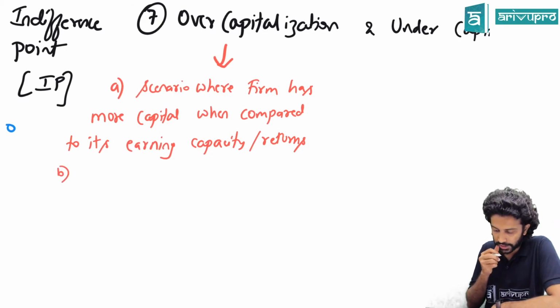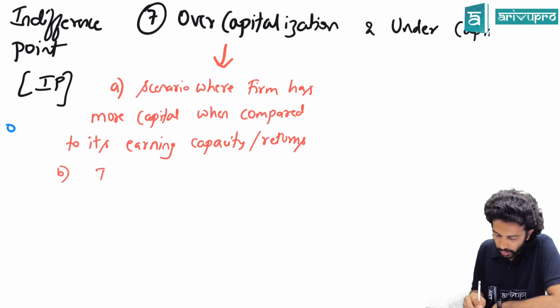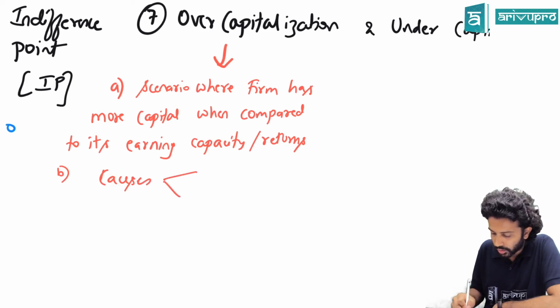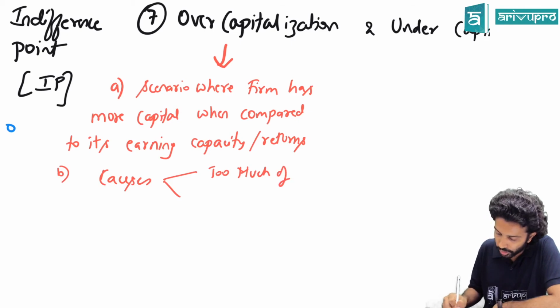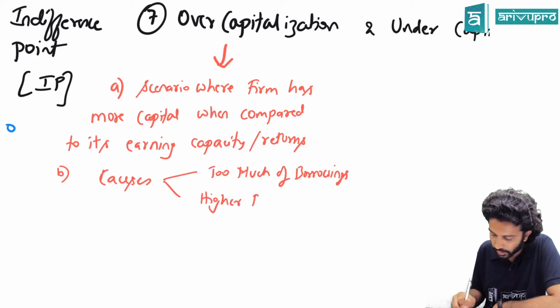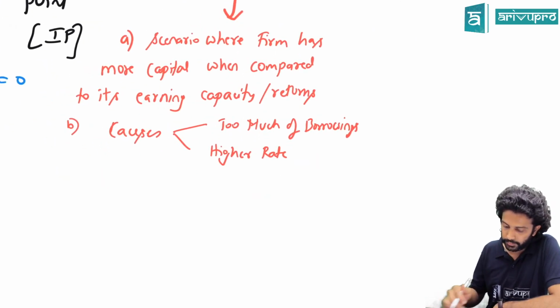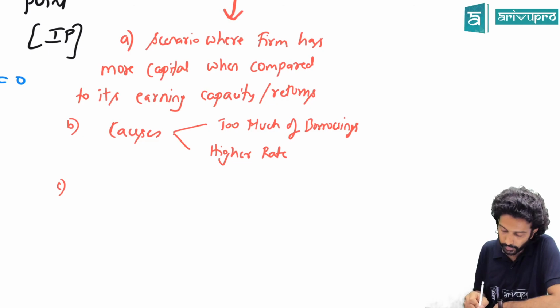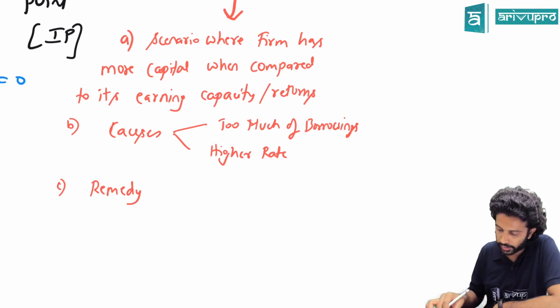Causes for this could be too much borrowing, or borrowing at a higher rate. Remedy, or how do we sort this out?